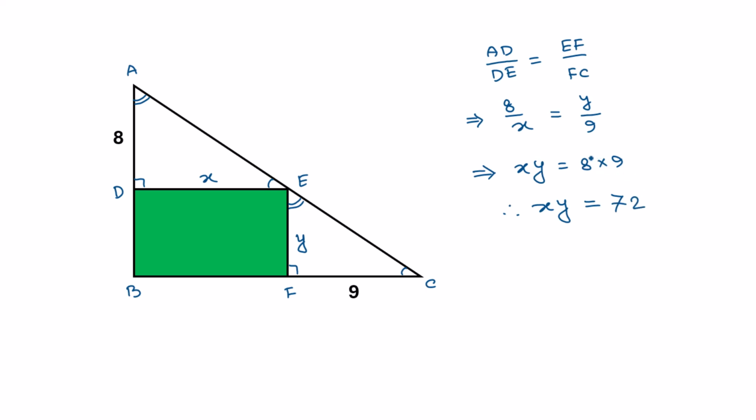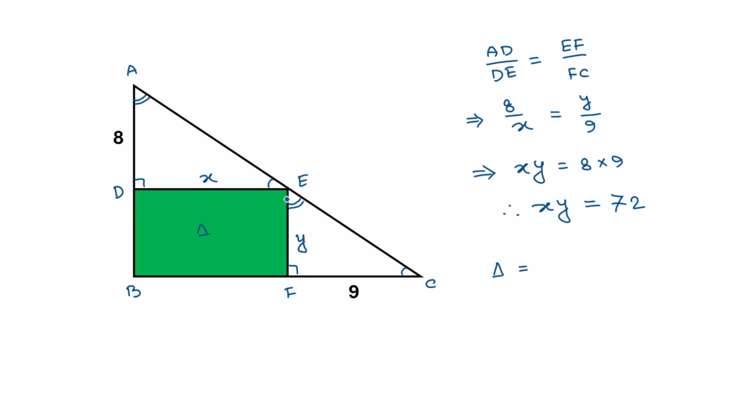72. Now consider the area of this rectangle is delta. So this area is equal to the area of a rectangle, which is length times width.